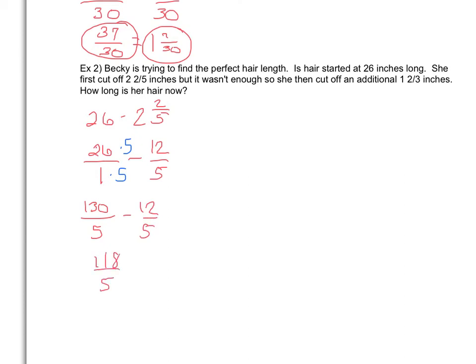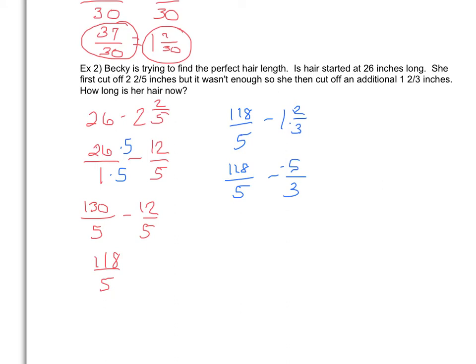Now normally I would probably change that back into a mixed number. However, I know I'm not done with the problem yet. So I'm going to take that 118 fifths that I just got, and I'm now going to subtract Becky's second haircut, which is 1 2/3. The 1 2/3 has to be changed into an improper fraction. 3 times 1 is 3, plus 2 is 5.